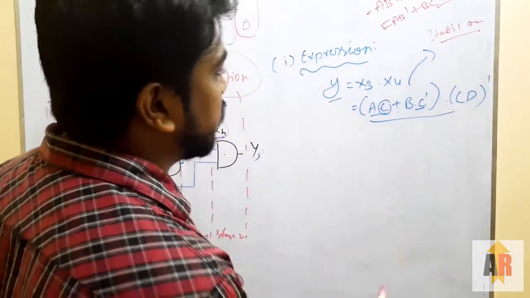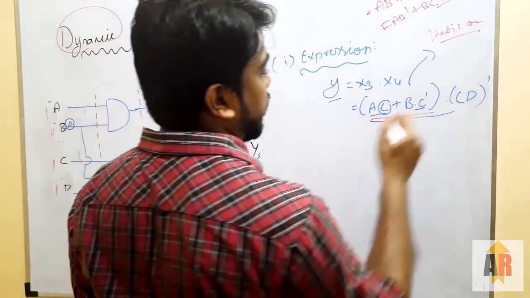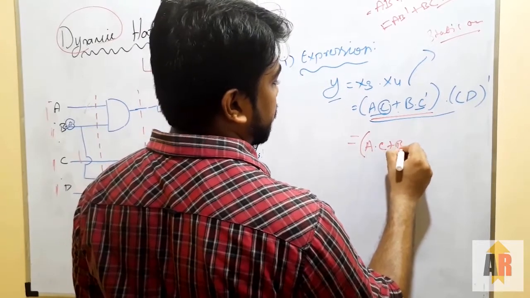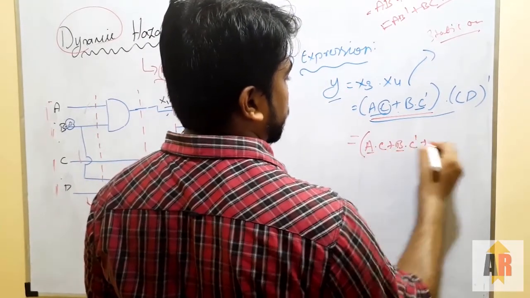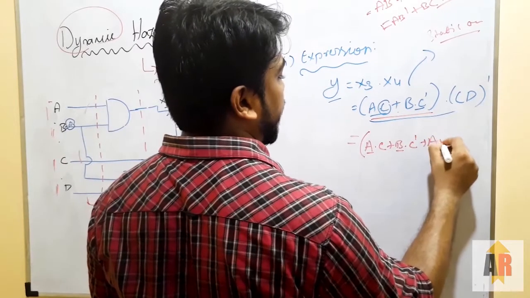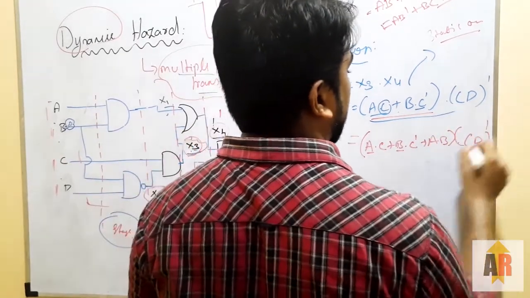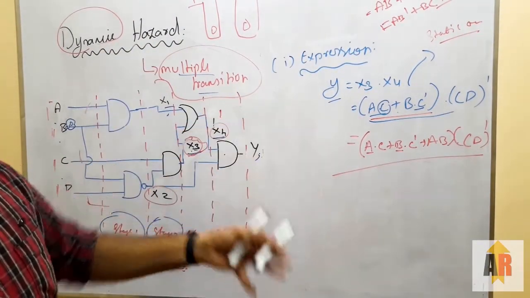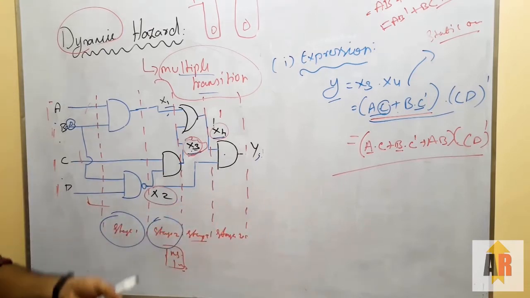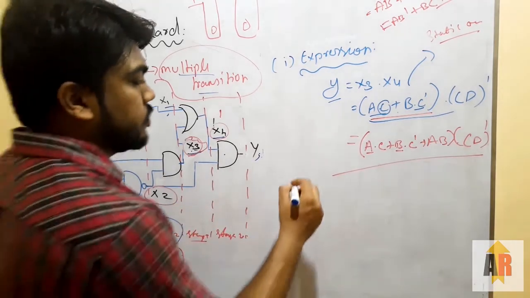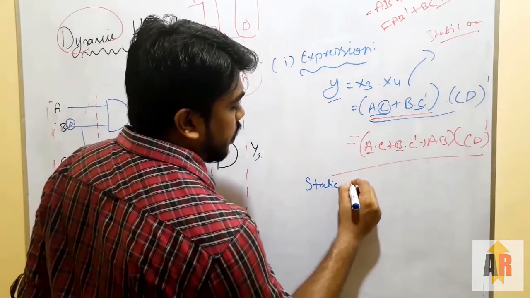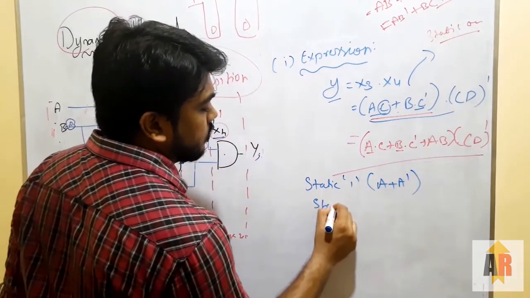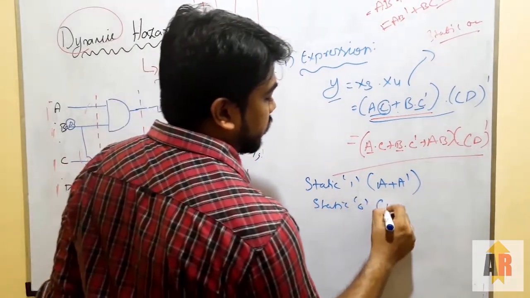So in this particular circuit, in this formation, the hazard occurs here. In this part, if you add AC plus B dash C dash, so instead of C C dash, you can add AB into CD dash. So you can eradicate the hazard. You got the idea, I hope so. This is how you can eradicate it in the simplest manner by understanding static one and static zero hazards. The static one hazard will occur with respect to A dash, and static 0 will occur with respect to A dash.